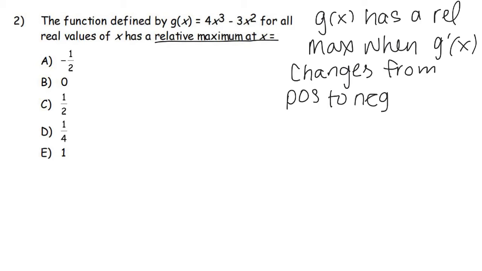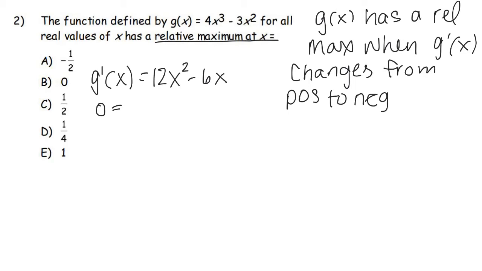Okay, so let's look and see where that happens. So over here we need to find g prime at x. G prime at x is going to be 12x squared minus 6x. We do need to set this equal to 0 and solve, because our relative mins and maxes occur around those critical points.